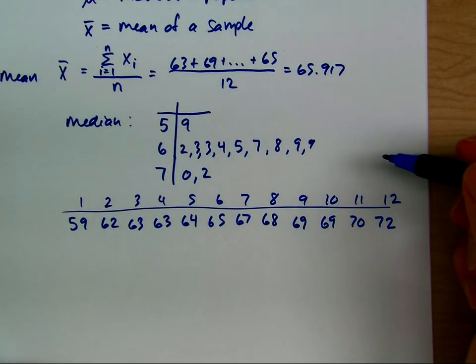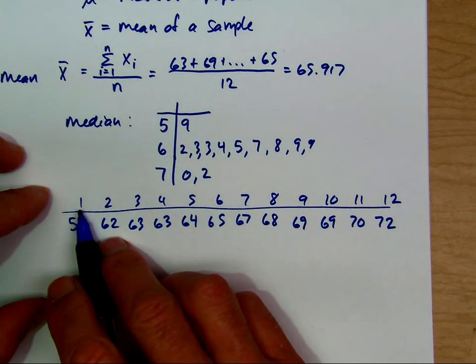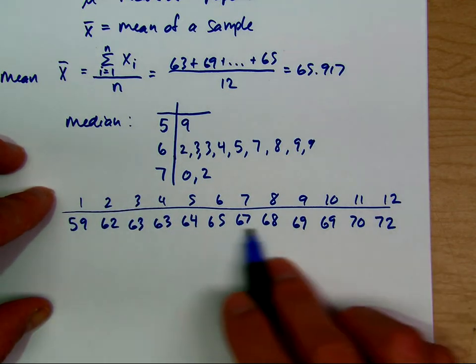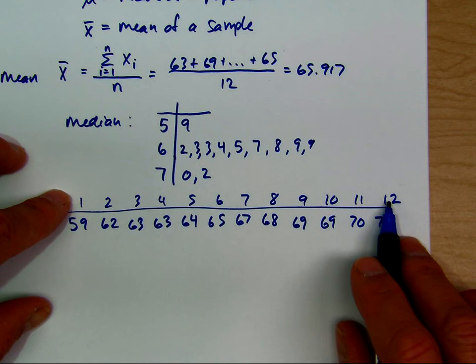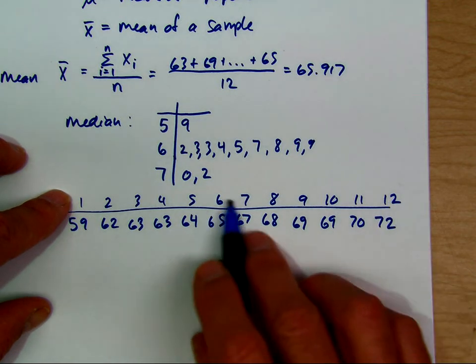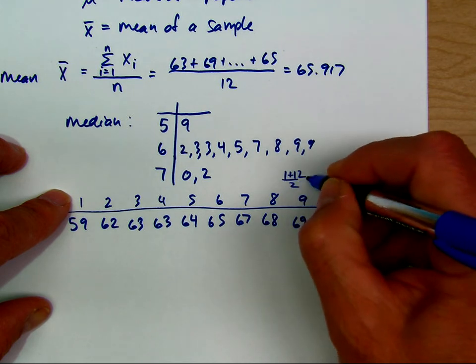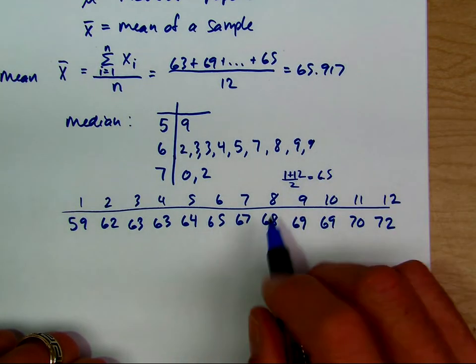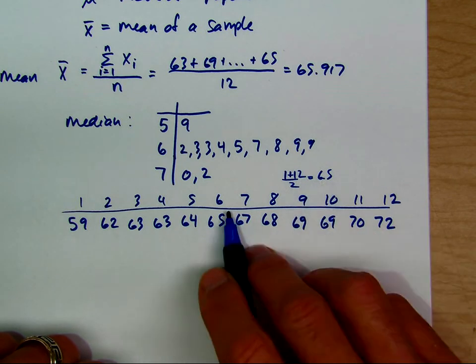So to find the middle number, we need to find the mean of these. So these are the ordinal numbers, first, second, third, fourth. So you have all the data, and then we have first through 12th. Well, to find the middle one, if you didn't know where the middle was, you could always do 1 plus 12 divided by 2, and we get 6.5. So that tells us that the middle value is between the 6th and the 7th value.